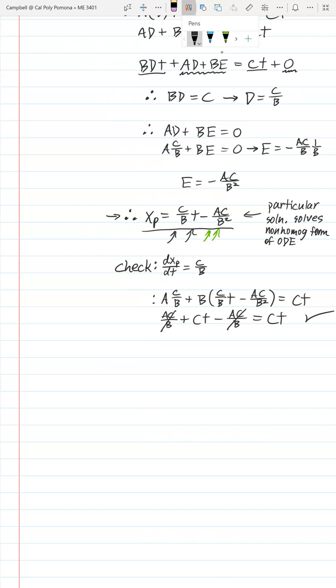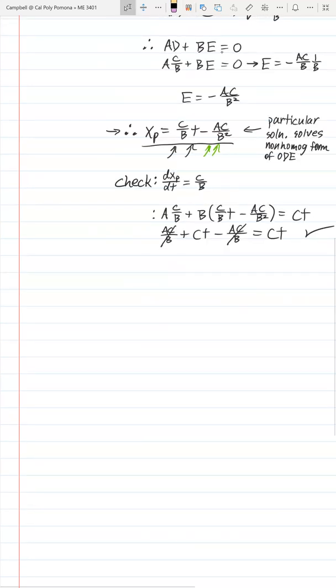So here, let's frame where we're going to go next as: is xp the most general solution?